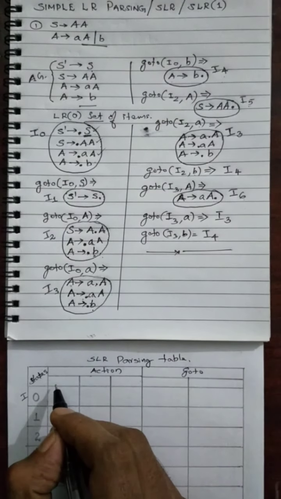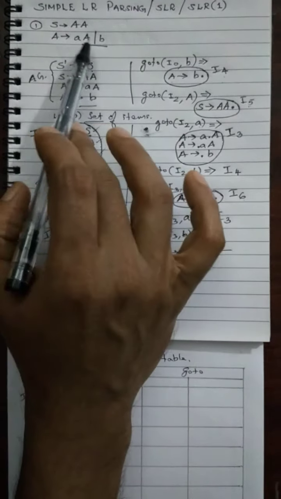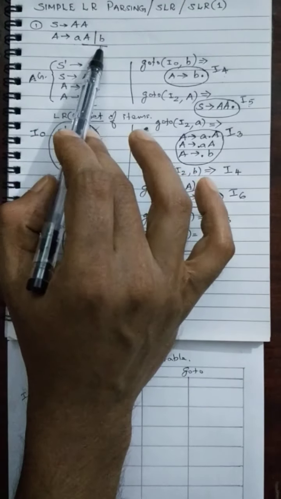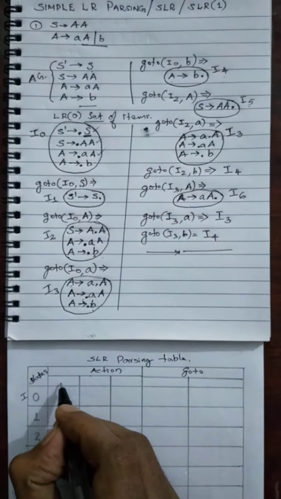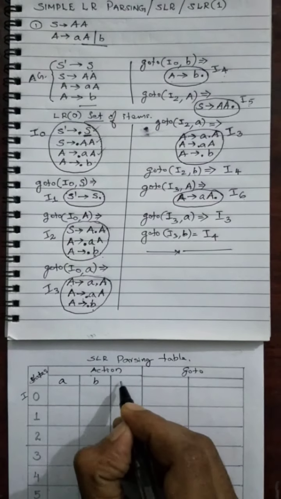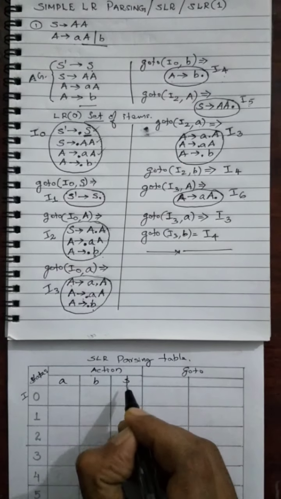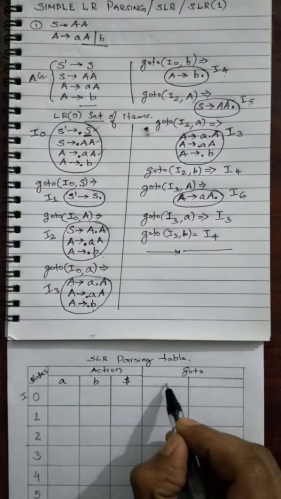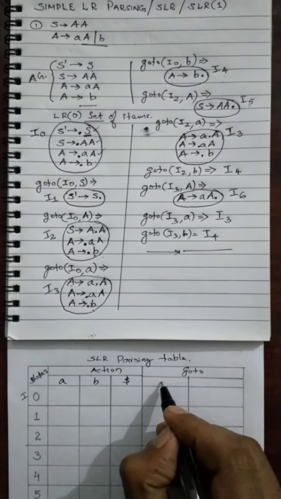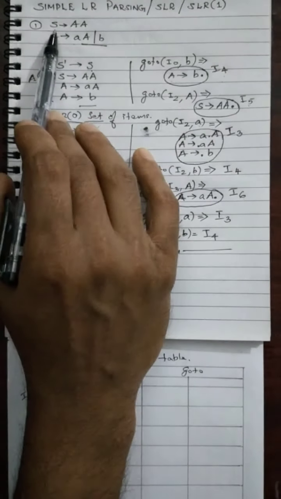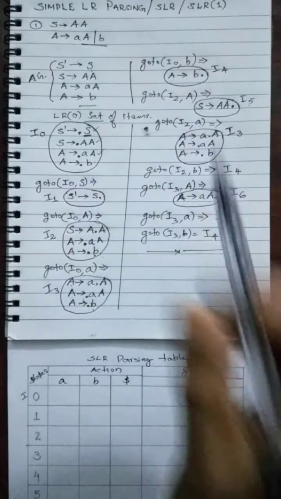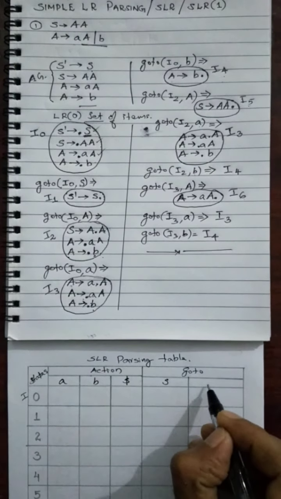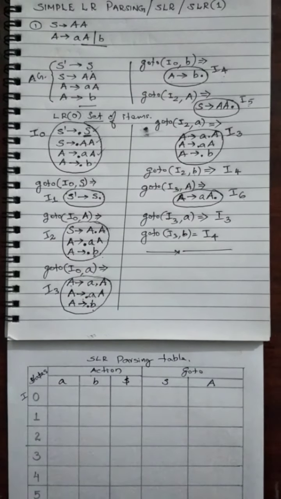The different terminals from the given grammar are small a, small b, and then you know that we have to use dollar because this is the end marker. In go to we have to mark the non-terminals. We have got two non-terminals, capital S and capital A.